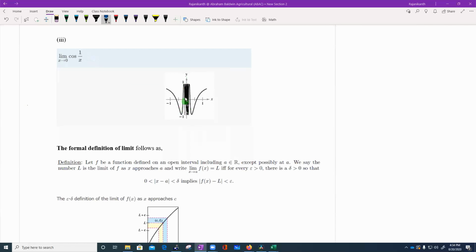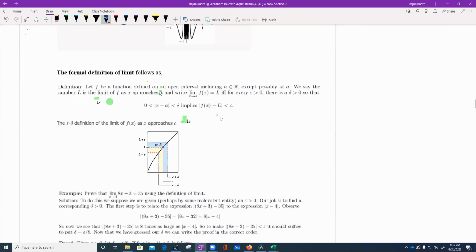The function keeps moving at this origin, from 1 to -1. So when you have an oscillating function, the limit at that point is again going to be does not exist. This is a little hard to understand the very first time, but when you see the definition again and again, you should be good.